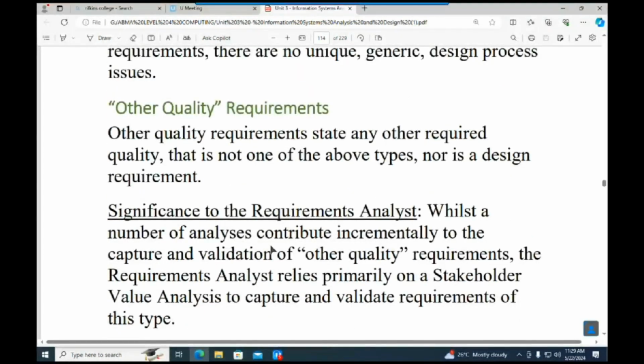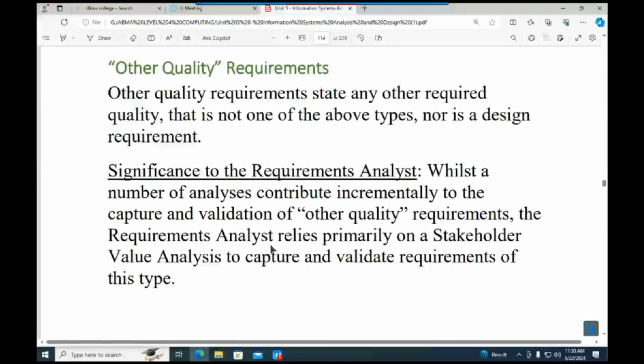So there are other quality requirements that are going to state the quality of the system that is required. They are not a design requirement, and they don't belong to any of the requirement types that I have mentioned.